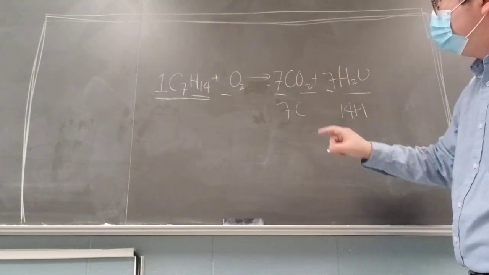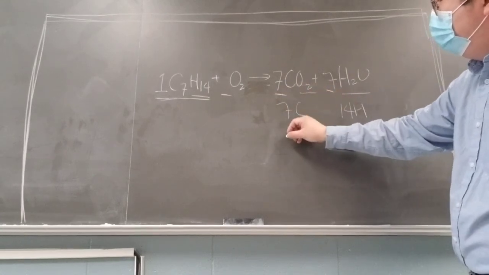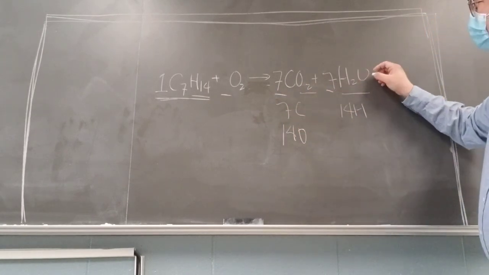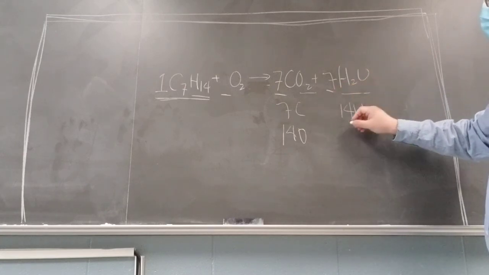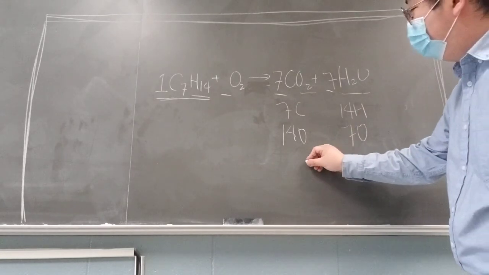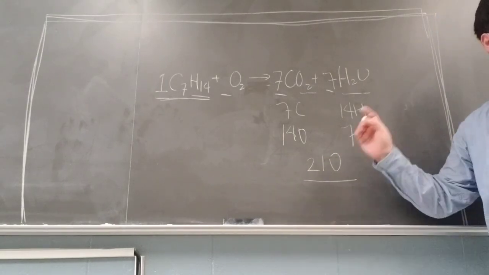So we have 2 oxygen in each carbon dioxide. So 7 times 2 is 14 oxygen over here. We have only 1 oxygen in 1 water. So it'll be 7 water makes 7 oxygen in it. So in total, we have 21 oxygen on the right side.